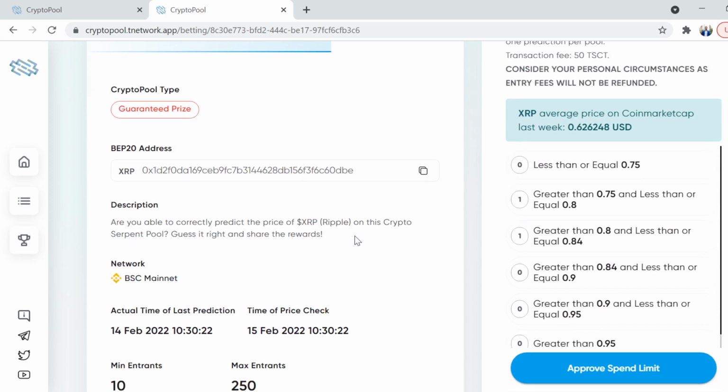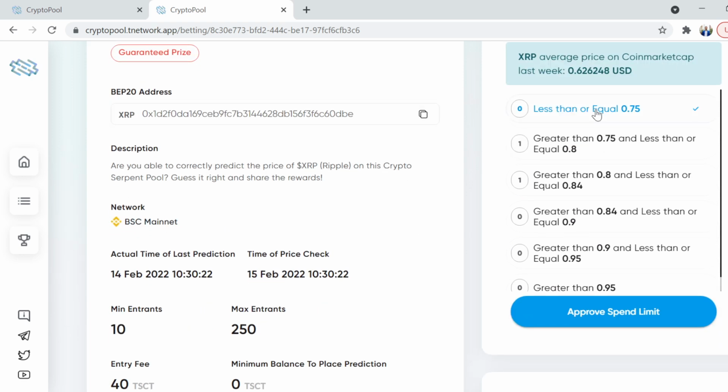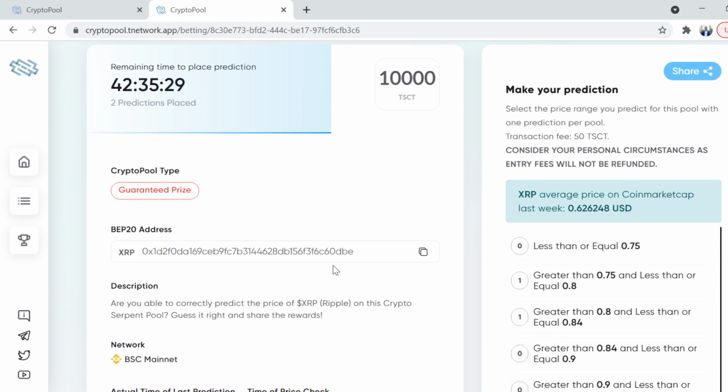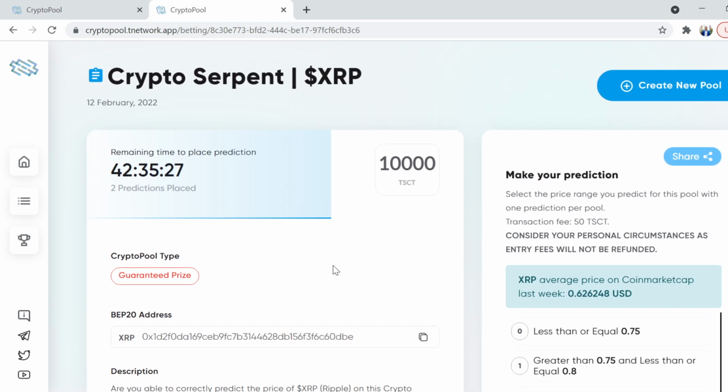And if you get it right, then you'll win the pool. So what you do is you can say less than or equal to 75 cents, 75 to 80, 80 to 84, 84 to 90, 90 to 95, or greater than 95 cents. You pick which one you want, you click on approve spend limit, and then away you go. And that is essentially how you can be involved in the pool.